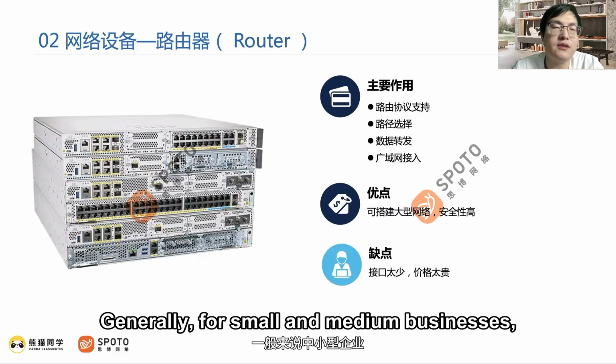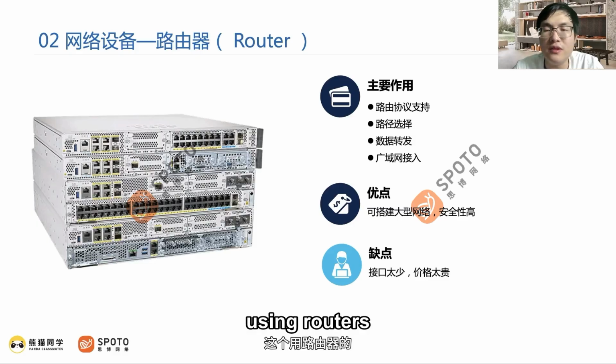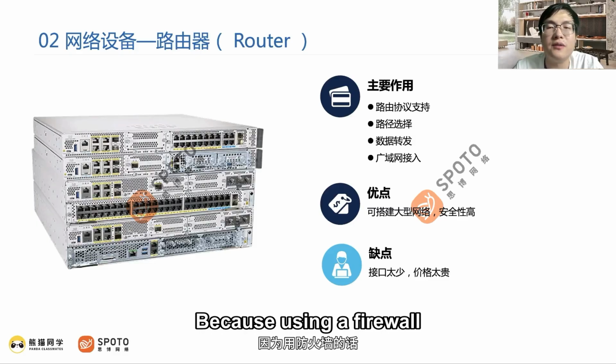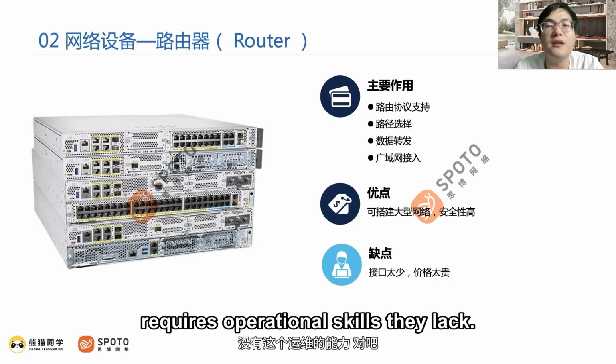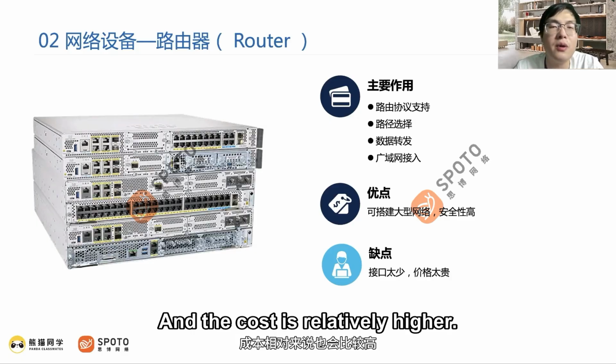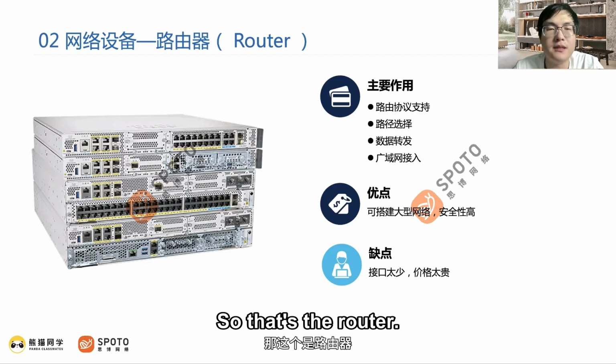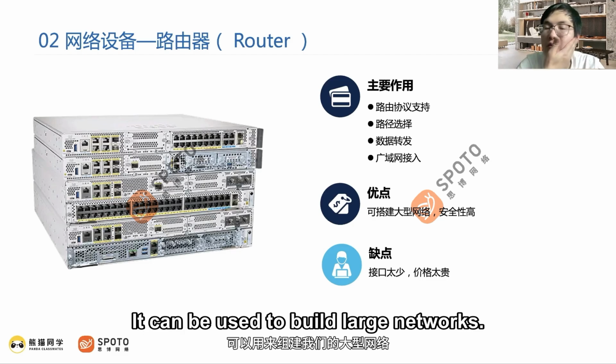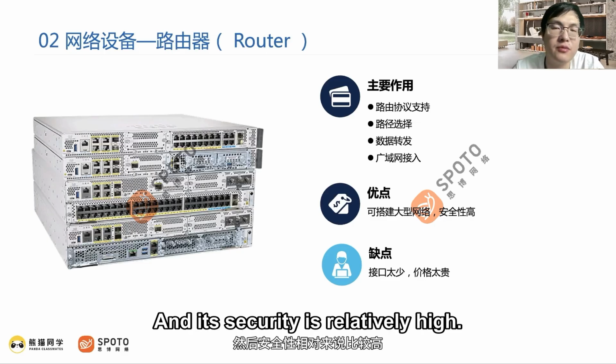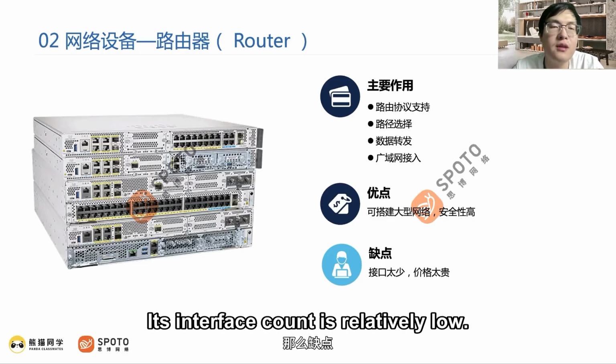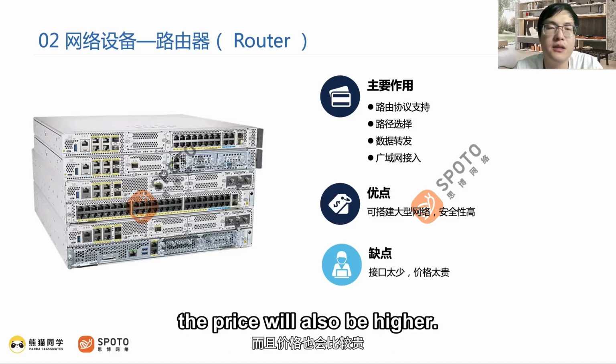Generally, for small and medium businesses, using routers is quite common, because using a firewall requires operational skill, and the cost is relatively higher. So that's the router. It can be used to build large networks, and its security is relatively high. Its interface count is relatively low. Moreover, the price will also be higher.